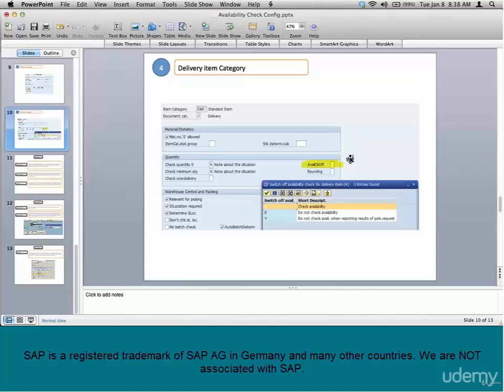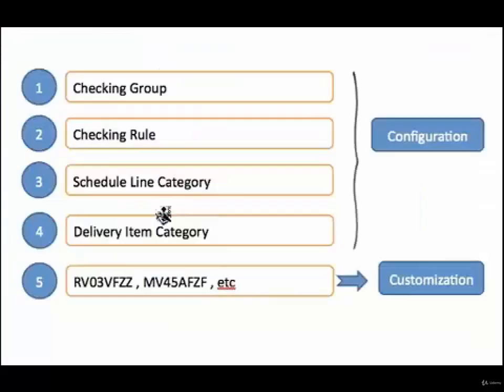Okay, so let's summarize what we have learned in this chapter. There are 4 parameters that can be used in SAP to configure the way availability check works. Checking group, checking rule, schedule line category, and delivery item category. Checking group comes from the material master.